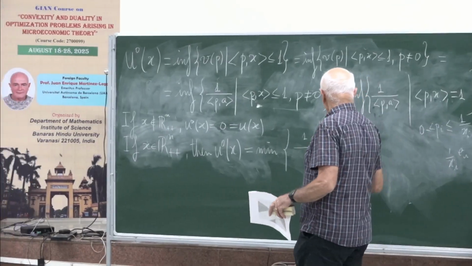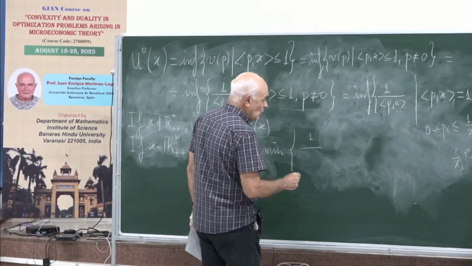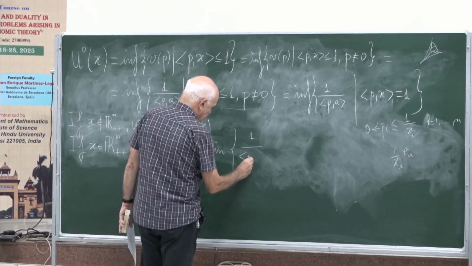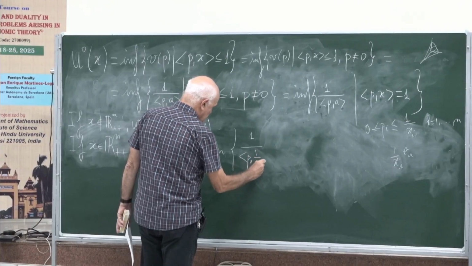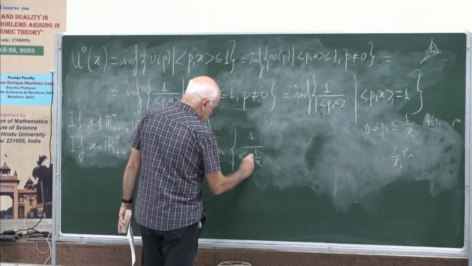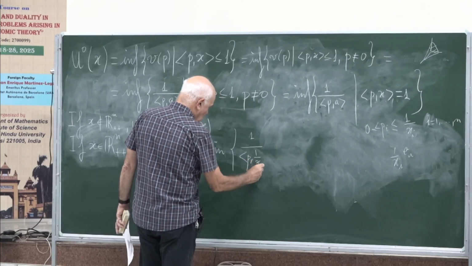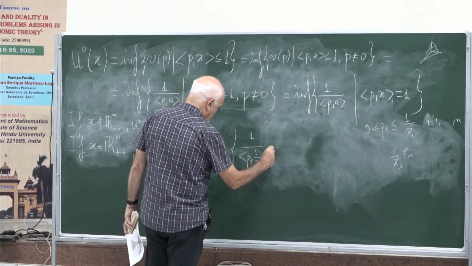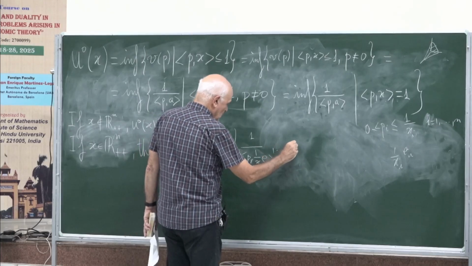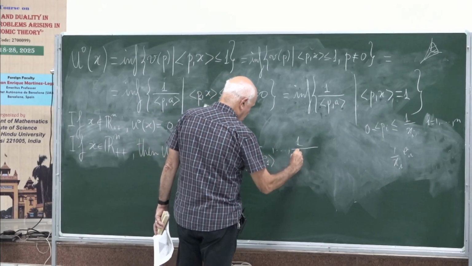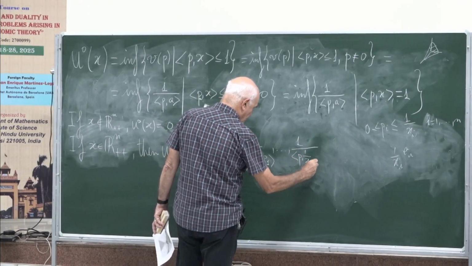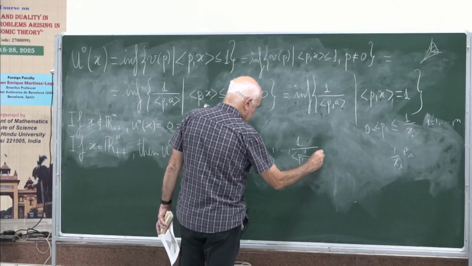So I have to compare 1 over p at 1 over x1 e1, up to 1 over xn en.